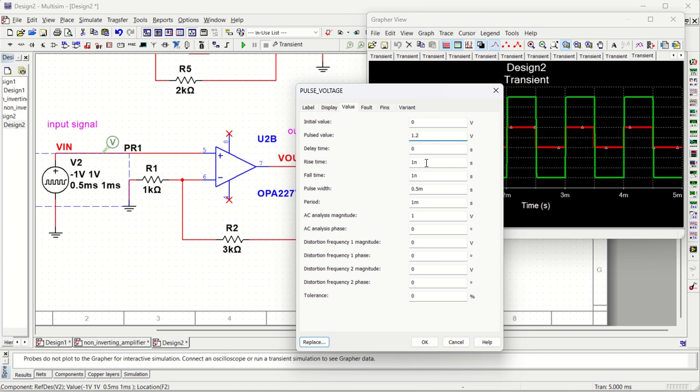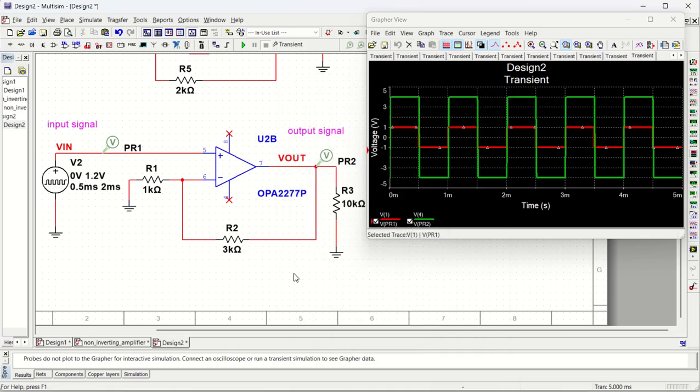Okay, and then my pulse width, let us say it is saying 0.5 millisecond and period is 1 millisecond. So instead of period 1 millisecond, I'll put it 2 milliseconds. So what will happen? 25% high and 75% it will be low. Okay, so let us do that.